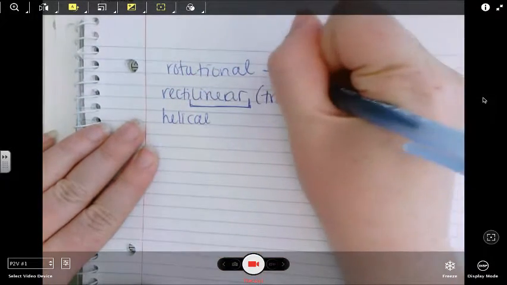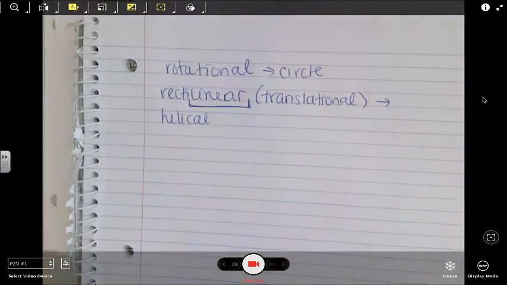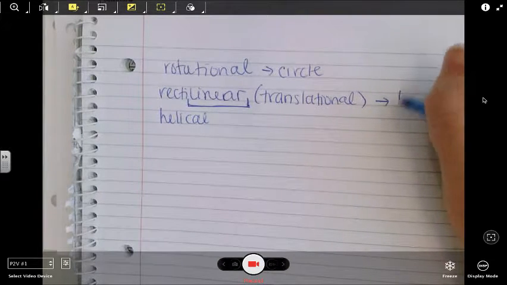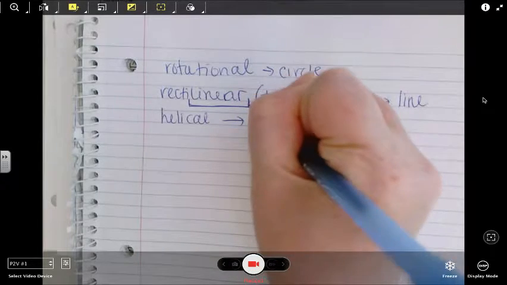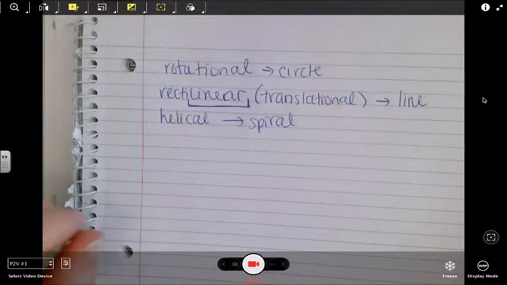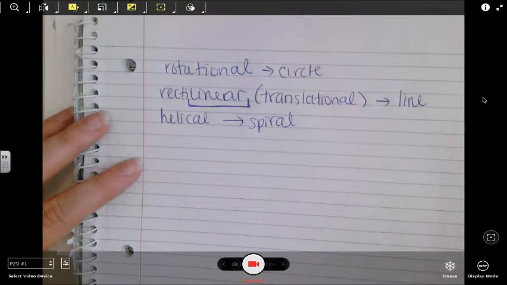So this would be a circle. This would be a line. And helical is a spiral. When Callista was asking about a water bottle, when we twist a water bottle cap, it's twisting and moving forward, either upwards or downwards, so that would be helical.